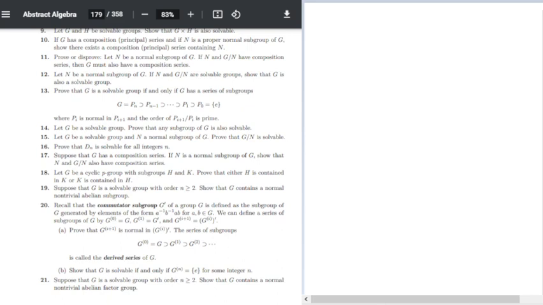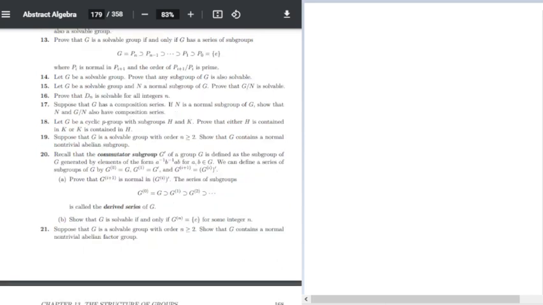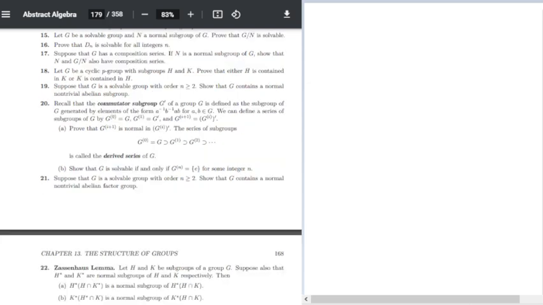It's good enough. And a simple subgroup of G, prove that G over N is solvable. The unsolvable, geez, composition series. Oh gosh. I'm just not even going to worry about this.